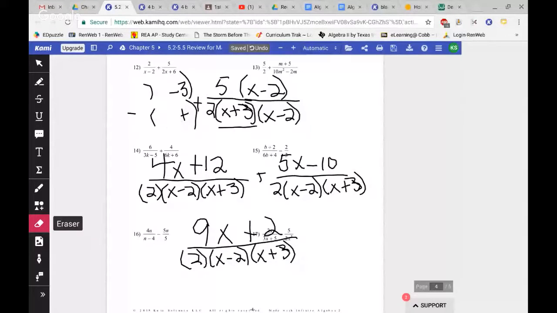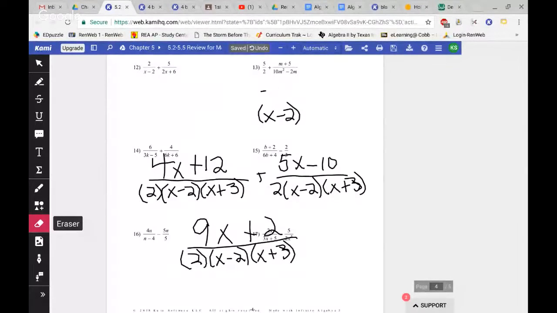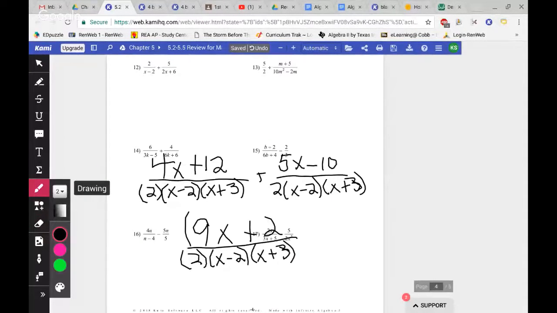No, you can't get rid of the 2, Madeline. Remember, if it's joined together with a plus or minus, it has to stay together. That's a really good question, and that can get confusing. And a lot of times what I do to remind myself that it's a term, and I didn't do this at the end, but a lot of times I put my final answer actually almost in a bracket.